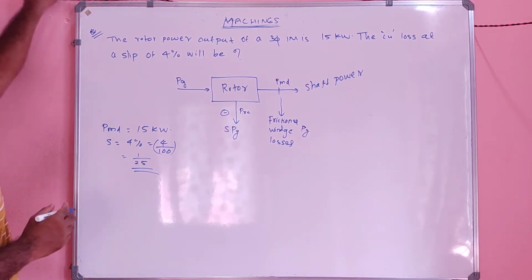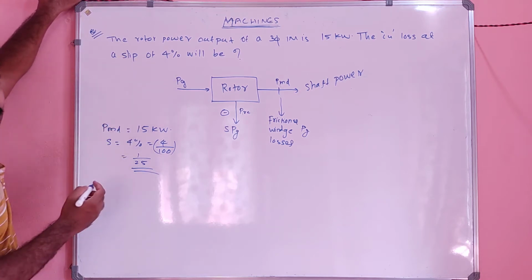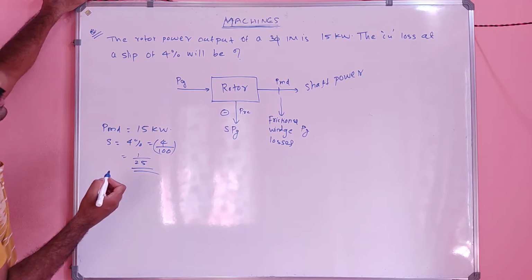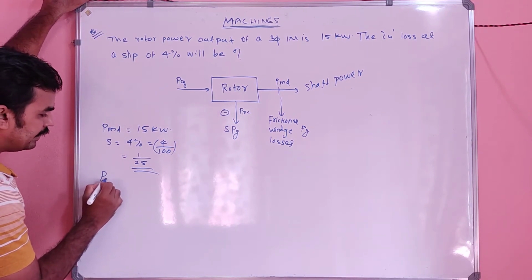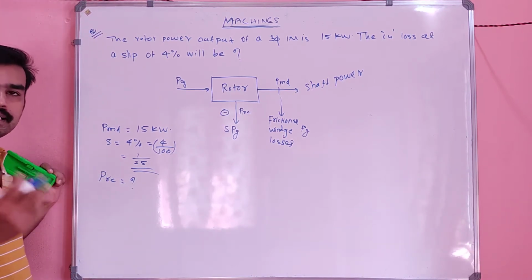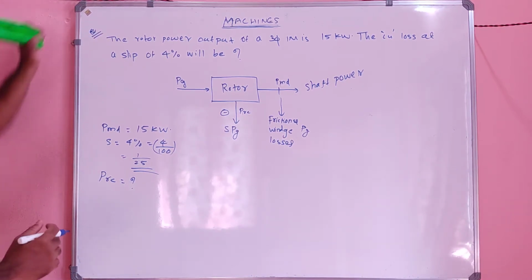Okay, so what we have to find? The rotor copper loss, PRC. What is the equation for PRC?